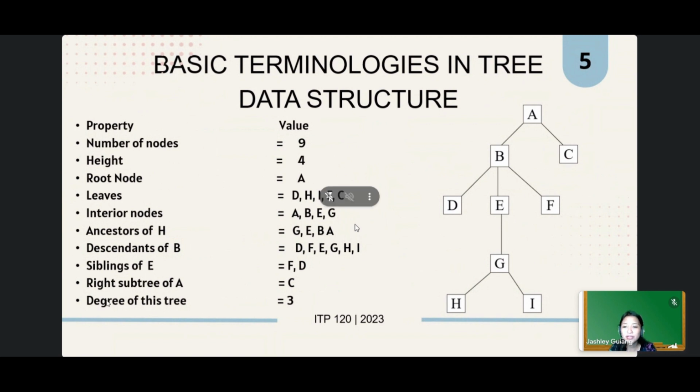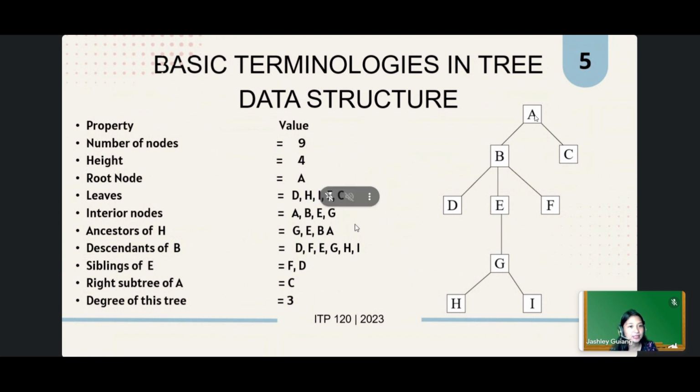Then next, we have the degree of this tree. The degree of this tree is 3 because, as you can see, the maximum number of children here is 3.